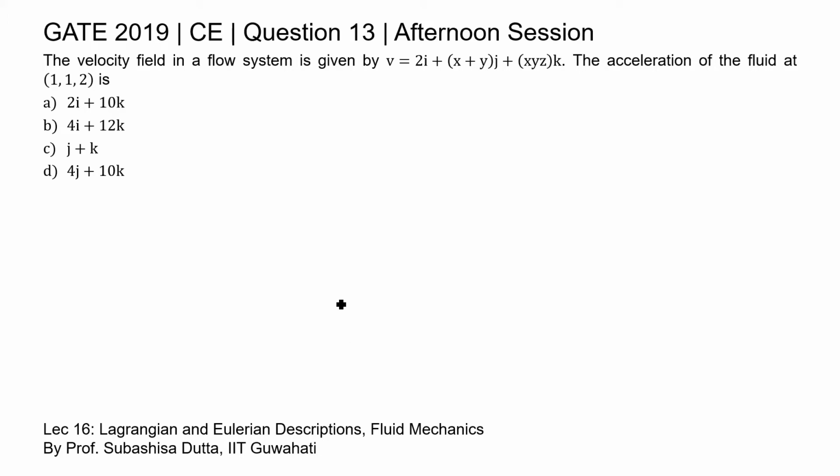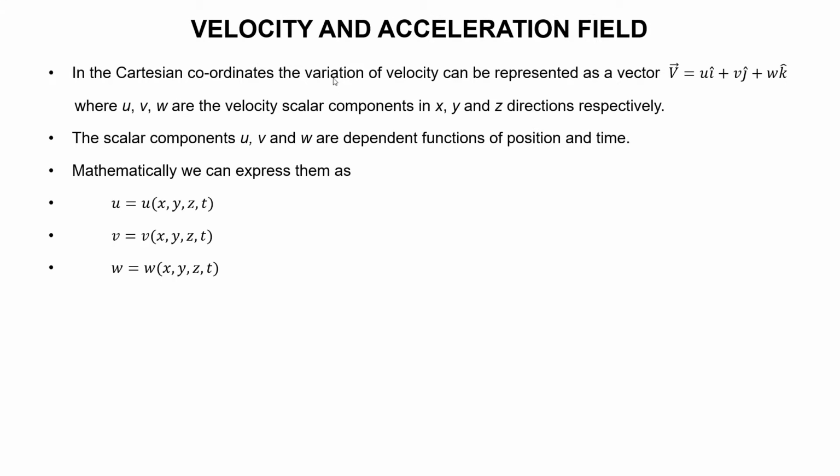Let's recall the velocity and acceleration field. In Cartesian coordinates, the velocity of the fluid particle can be represented as a vector V = ui + vj + wk, where u, v and w are the velocity components in x, y and z direction respectively.